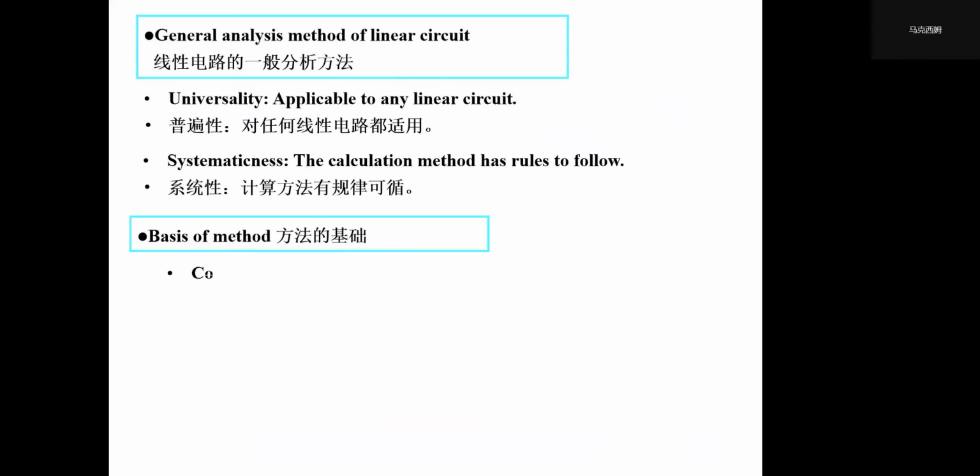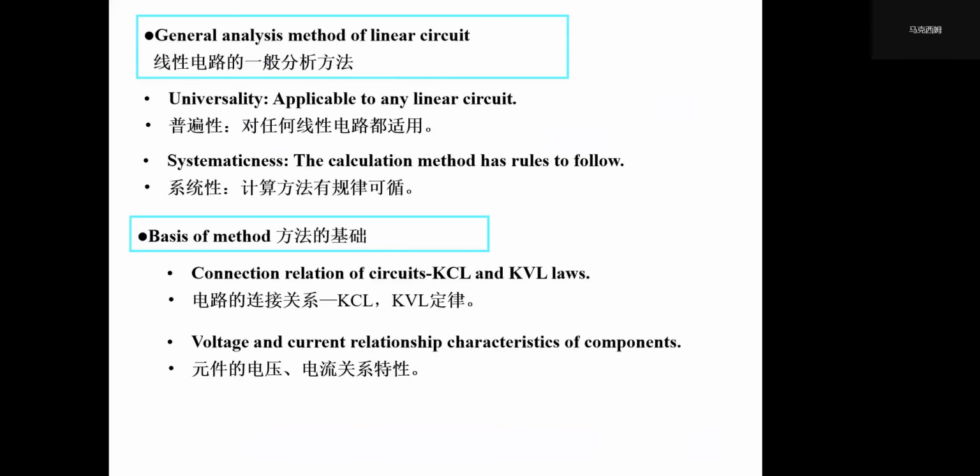We know that the very base of this stuff comes from the KCL and KVL laws. Besides that, we have Ohm's law and other laws which illustrate the characteristics of the components, especially the voltage and current VI characteristic curve of certain components.